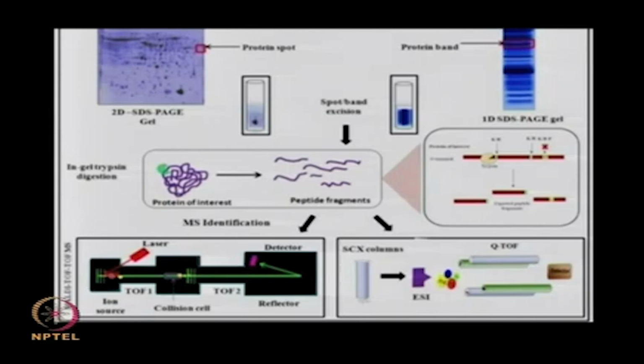Once the peptide fragments are generated, then those can be analyzed using LC-MS or MALDI-TOF or different types of hybrid mass spectrometry techniques. So, in-gel digestion is a multi-step procedure, but remains central to proteomic applications. In-gel digestion includes spot selection, spot excision, stain removal, reduction, alkylation, proteolytic cleavage and finally, extraction of the peptides.